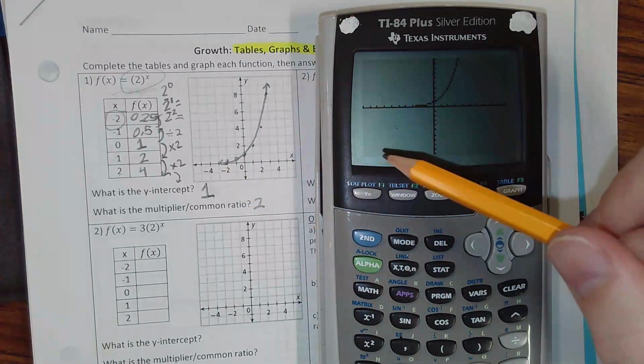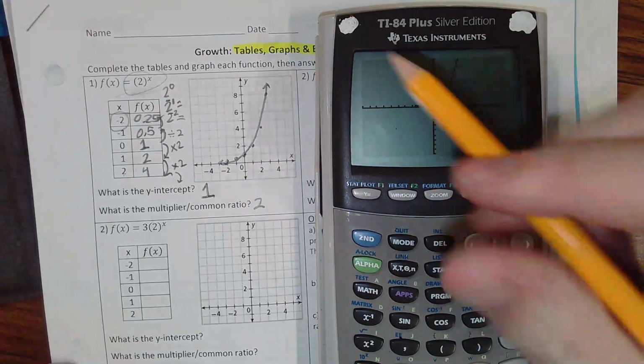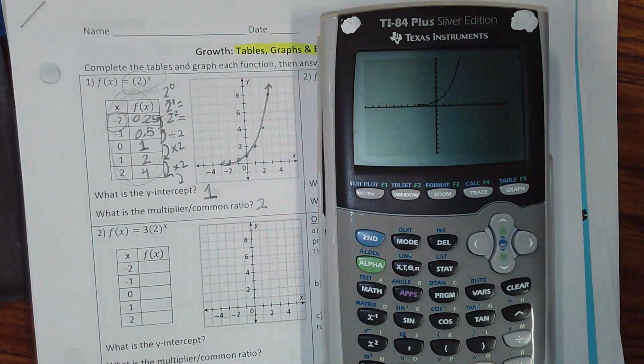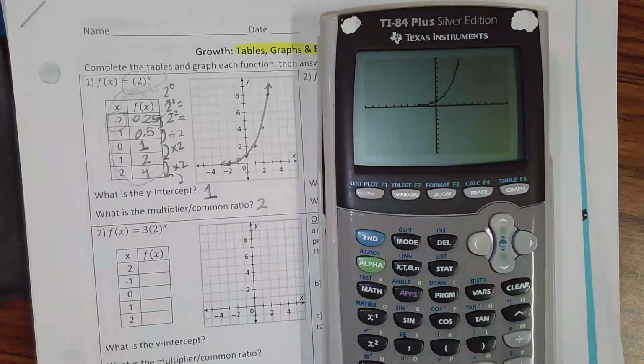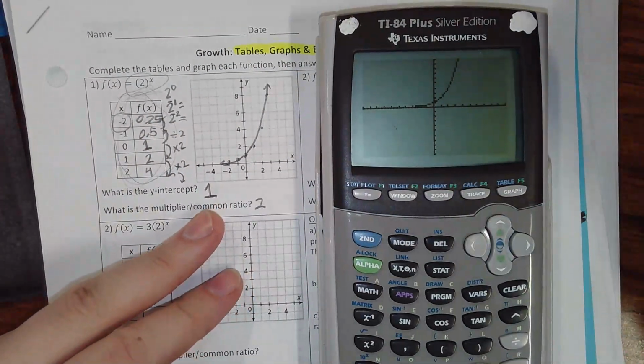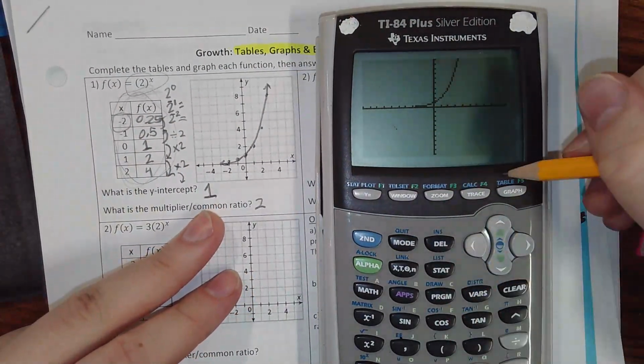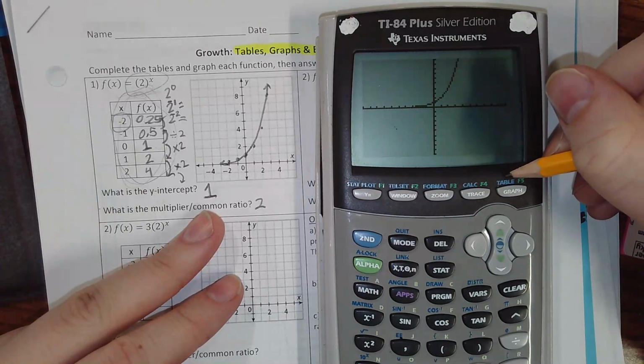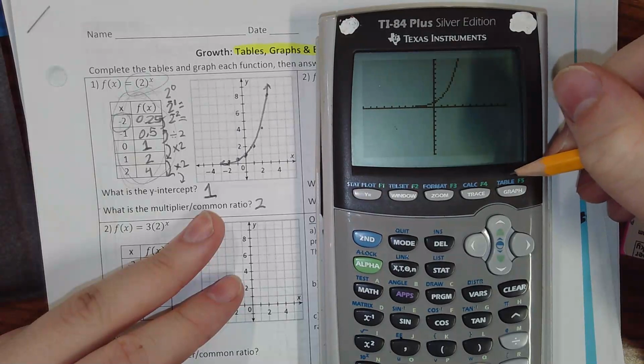That's good news. But what if we can actually come up with a table in a matter of seconds? This is where it's huge to have a graphing calculator. Watch this. If I want to access the table, you see where it says graph? Right on top of the word graph is the word table. I want to access that blue button.